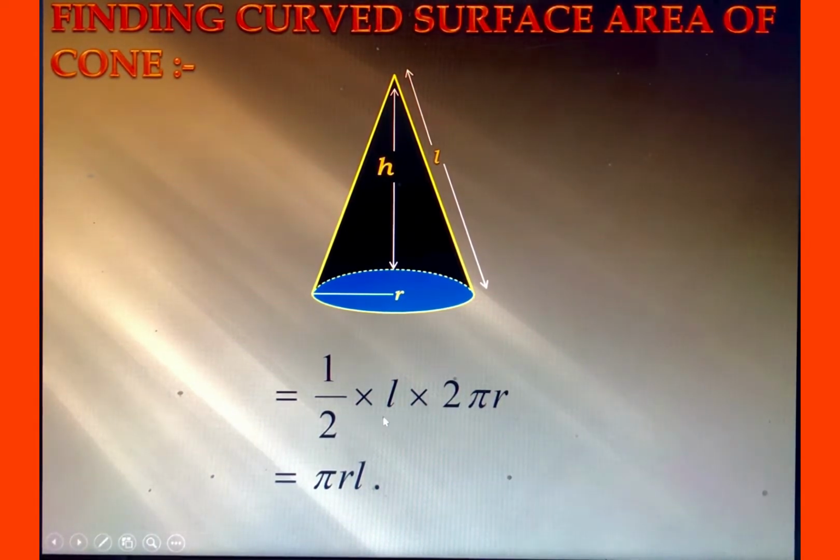So half of the slant height into 2 pi r, so the 2 and 2 cancel out, so pi r l is the curved surface area of the cone.